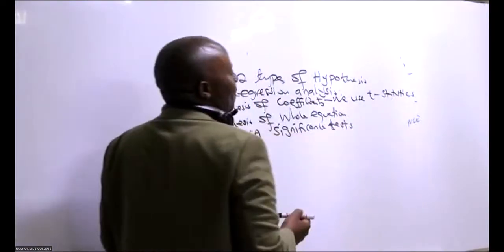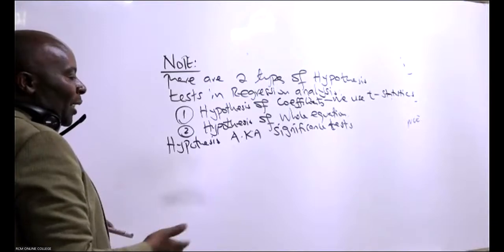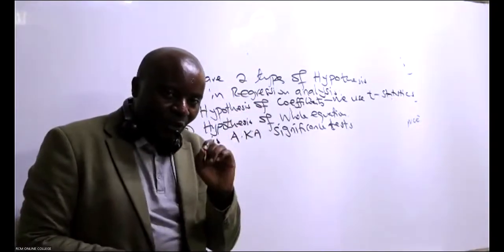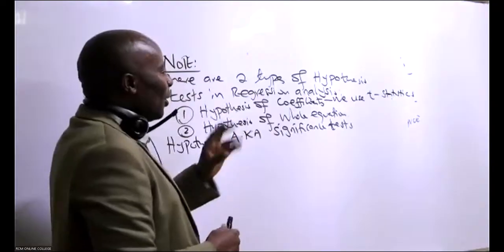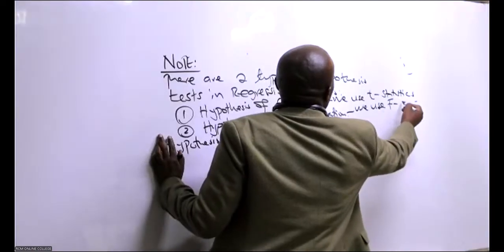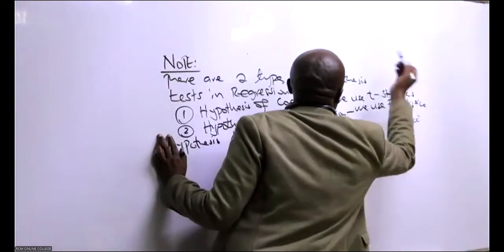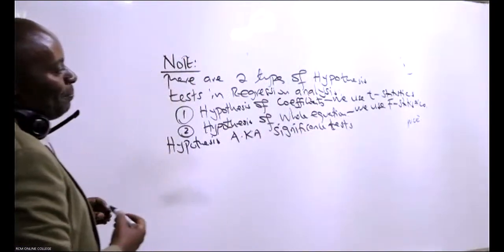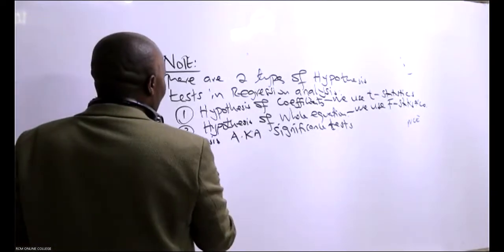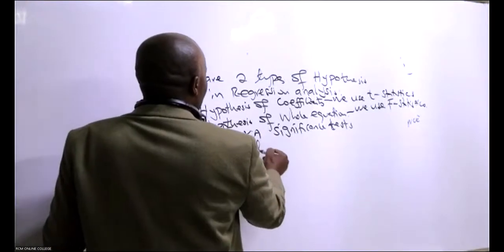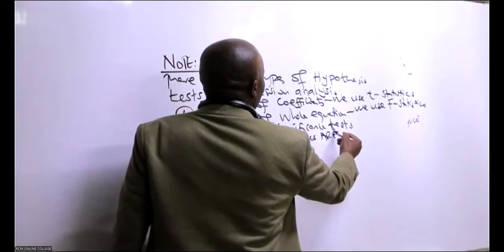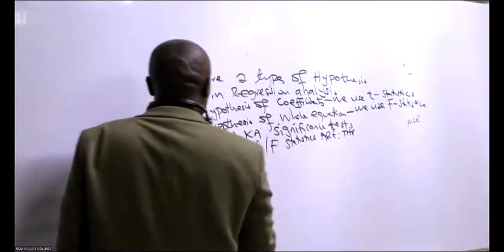If you remember very well from our last class, we said the higher the T statistic, the more significant a coefficient is. When it comes to hypothesis of the whole equation, we use the F statistic. You simply cram. There we use F statistic. Again, remember, ladies and gentlemen, the higher the T or F statistics are, the more significant.